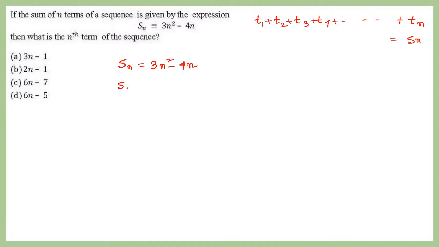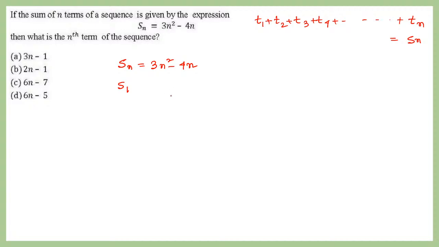We can calculate S1 from Sn. What is S1? S1 is the sum of the first one number, right? If Sn is the sum of the first n numbers of the sequence, then S1 is the sum of the first one number of the sequence.